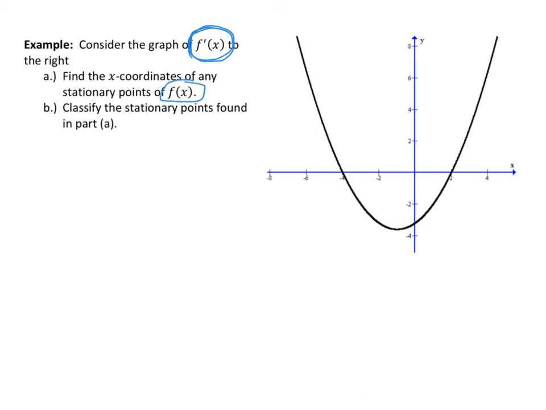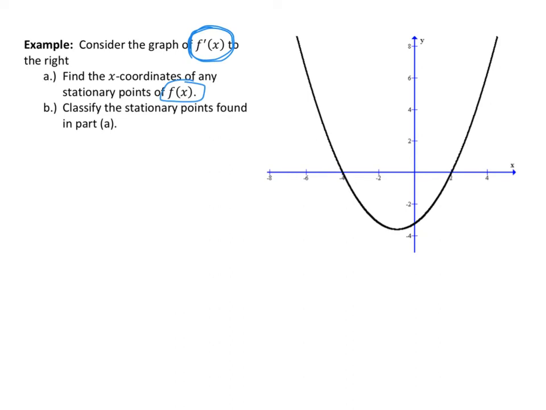Now remember what we've learned in this lesson, right? Where do we find stationary points? We find stationary points where the derivative is 0, right? Now you might be thinking, the derivative is the slope. Right there, the slope is 0. Not quite, because remember, this is the graph of the derivative, right? So if you're finding it like this right here, this is where the derivative of the derivative, the second derivative, is 0. I'm not going to talk about that for another day or two, right?